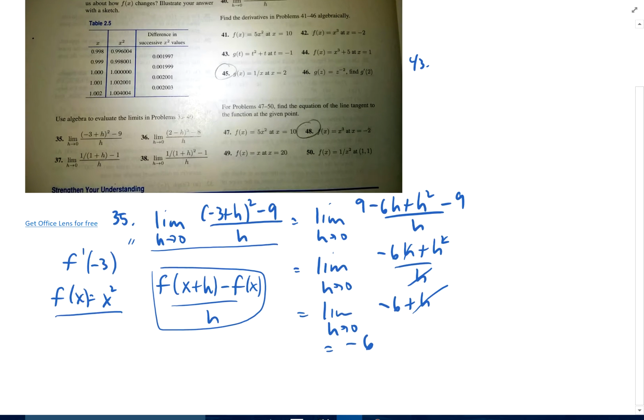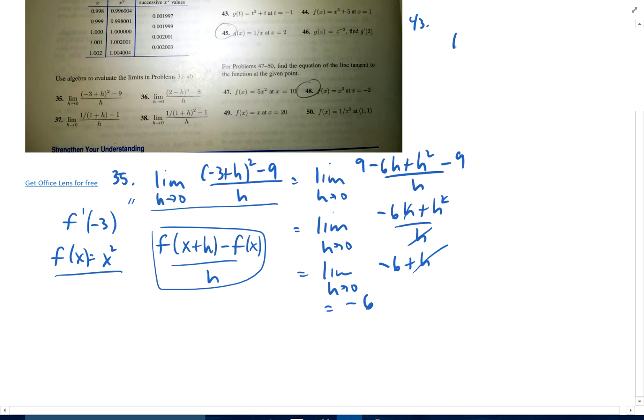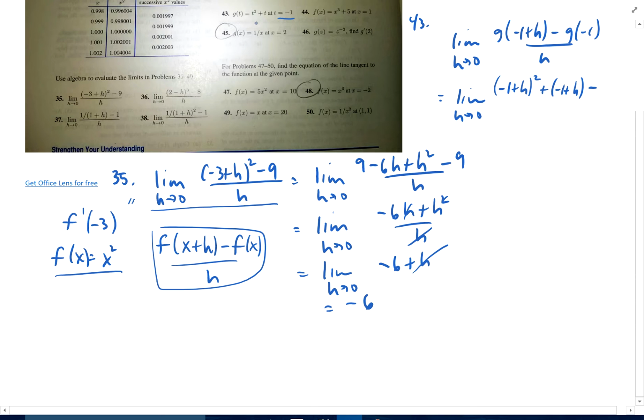What are the directions here? Find the derivatives algebraically. That's the limit as h approaches 0 at negative 1 of g of negative 1 plus h minus g of negative 1 over h. Carry the limit symbol down. That's g of negative 1 plus h, which is negative 1 plus h squared plus negative 1 plus h minus, and when I plug negative 1 in there, I get 1 minus 1, or 0, all over h.